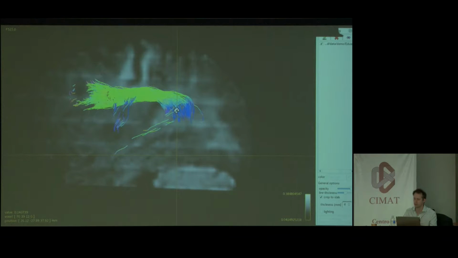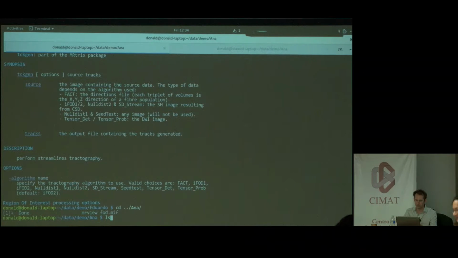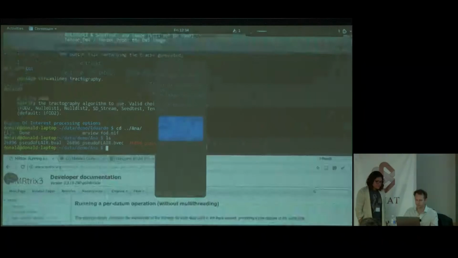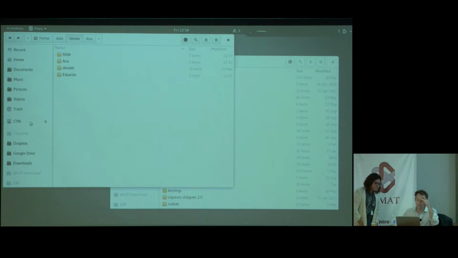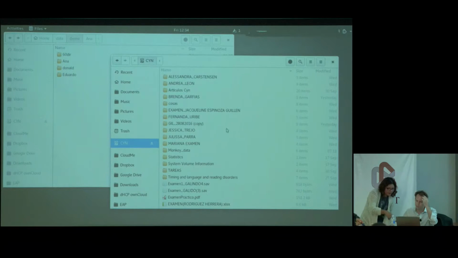Monkey data. Bring on the monkey data. Okay. Well, we'll just look at this other data first, and then I'll. But let's put it on while we're talking. Monkey data.